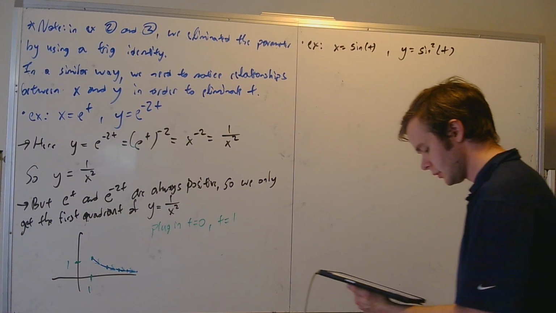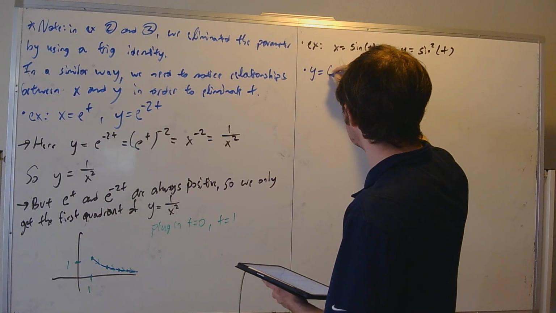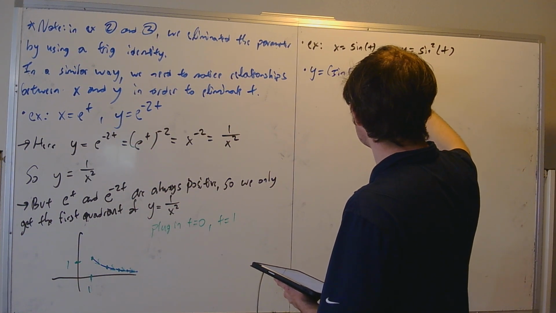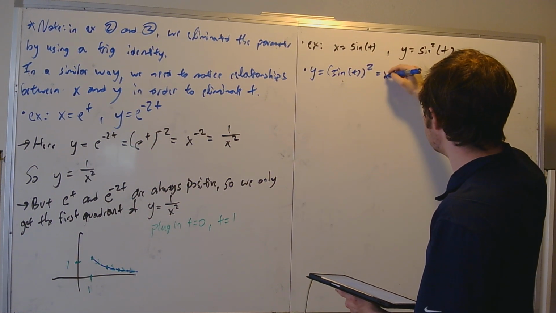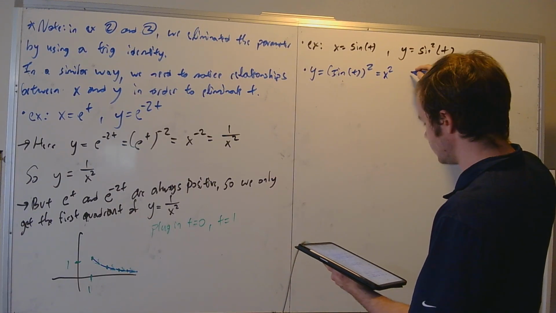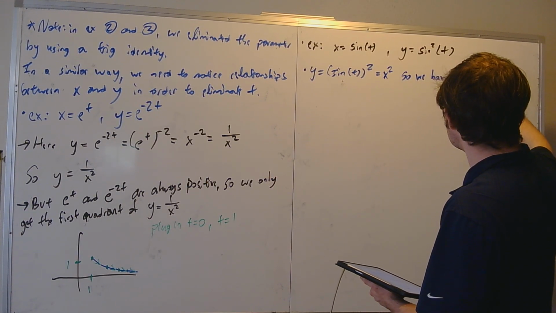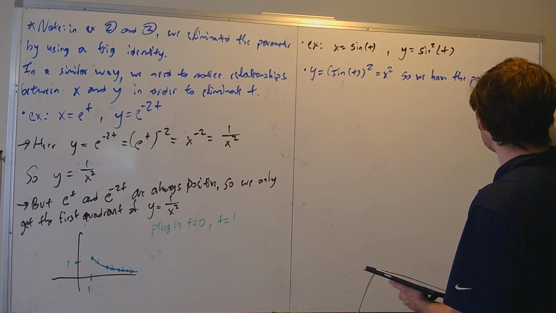So here, y equals sine of t squared, and sine of t is the same thing as x, so this is equal to x squared. So we have the parabola y equals x squared.